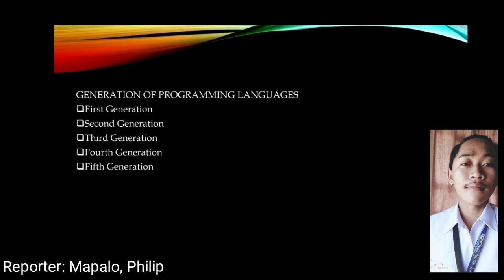Third generation. A programming language whose statements are translated into machine language instructions. Examples of high-level languages are BASIC, Fortran, COBOL, and Pascal. A high-level programming language is a programming language that is more user-friendly.